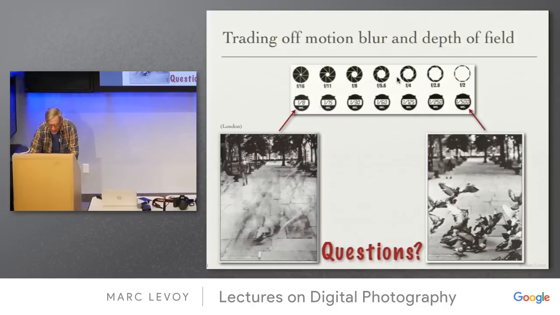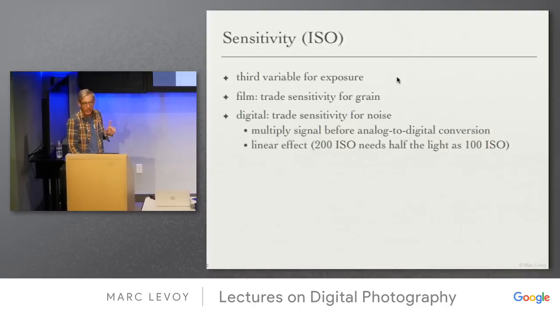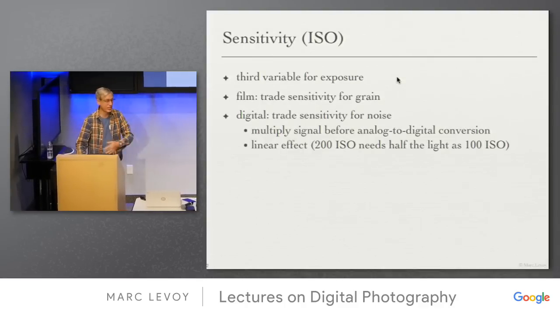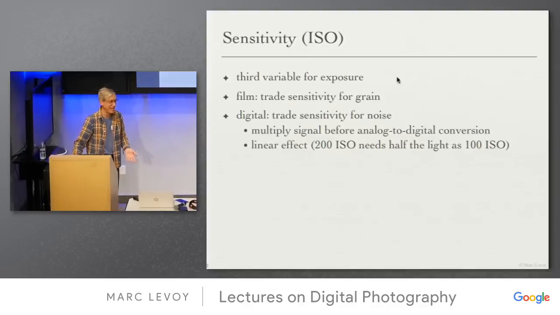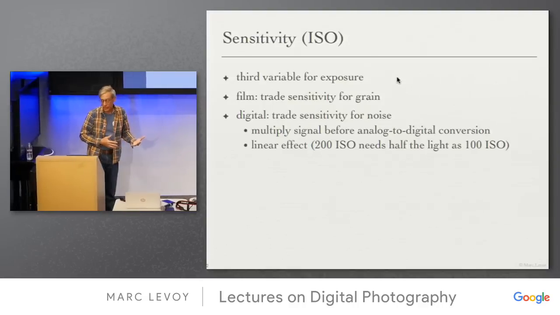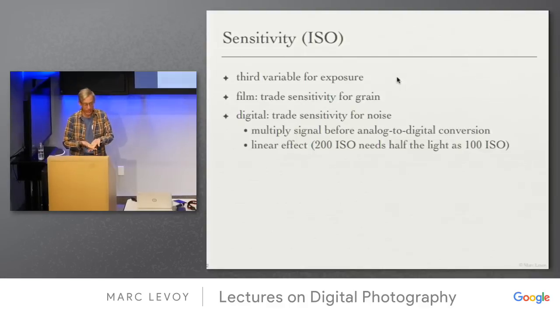Cool. Okay. All right. So there is one additional variable, which is the gain or the ISO. In film, it used to be called the ASA, which simply meant the American Standards Association instead of the International Standards Organization. But basically what it is, in film, it used to trade sensitivity for grain. On digital sensors, what it does is it trades sensitivity for noise, and we'll talk about noise later on in the course.